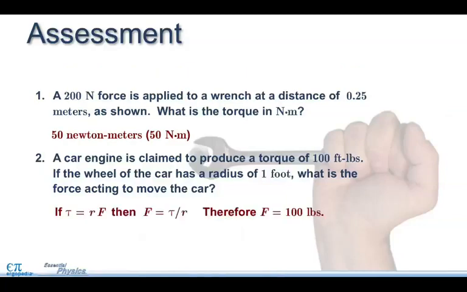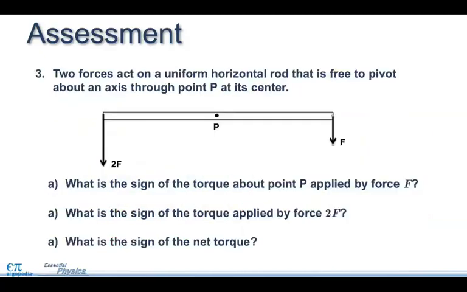If you did not get the correct answer, pause playback to review your work. Pause playback to work the problem. If you did not get the correct answers, review your work. This is the end of the torque presentation.